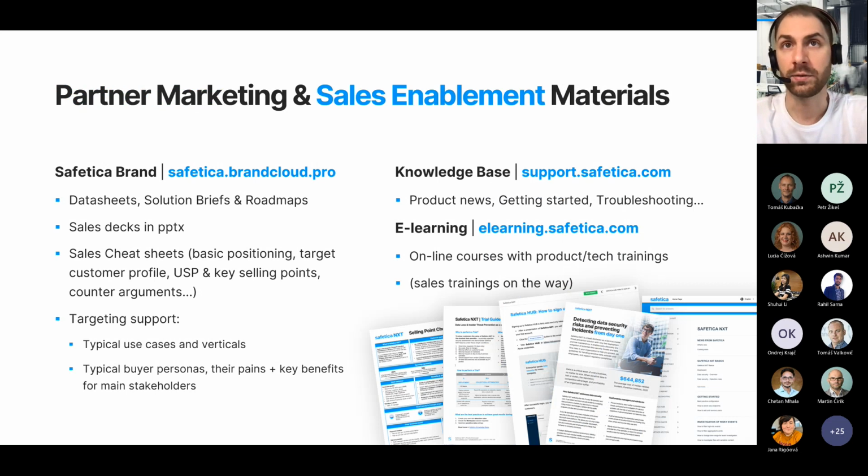Last but not least, to let you know what marketing and sales enablement materials and support you have from Safetica. Any partner can sign up to safetica.brandcloud.pro, the Safetica brand portal, where we store most of the materials like data sheets, solution briefs, sales decks, cheat sheets for sales, basic targeting.